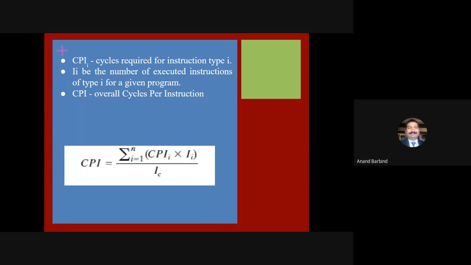One of the popular parameters for comparison is the number of instructions that are executed per second. As you may be aware, a computer fetches instructions.